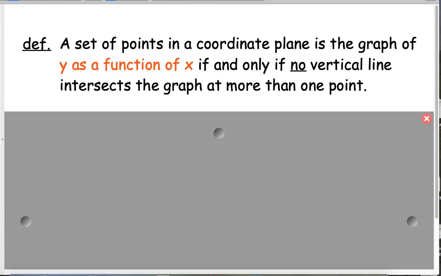Well, if you take those points and plot them, if one x value was assigned to more than one y value, those points would be plotted on top of each other, and therefore a vertical line would hit both of the points. So that's what we call passing the vertical line test. If any vertical line you draw only hits the graph in at most one spot, then it's a function.